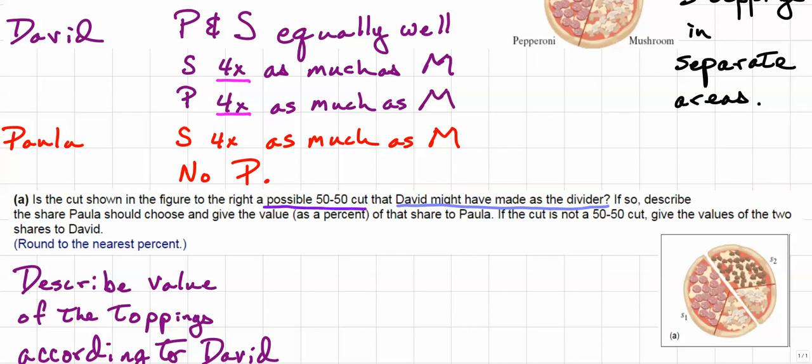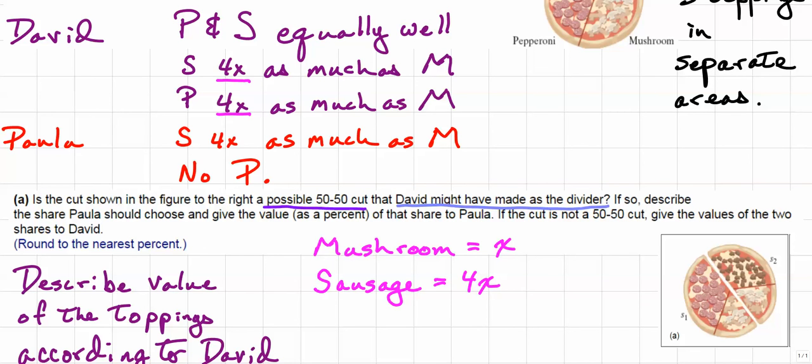So in this instance, we're going to let mushroom be our base, and we're going to let mushroom be represented by a simple variable x, which means that sausage can then be represented as 4x, since he likes sausage 4 times as much as mushroom.